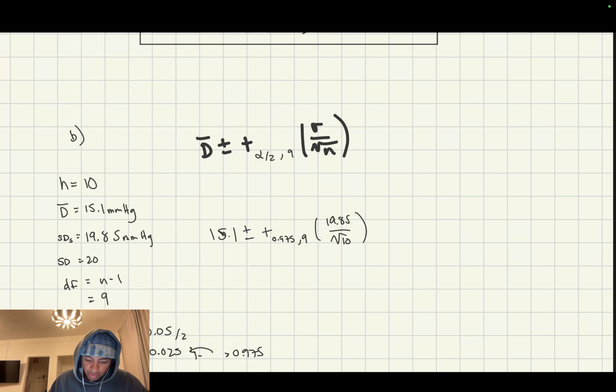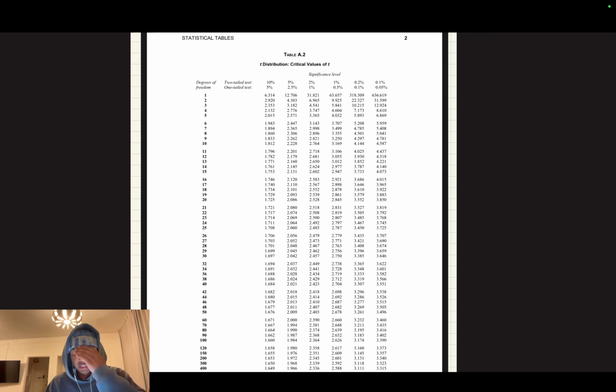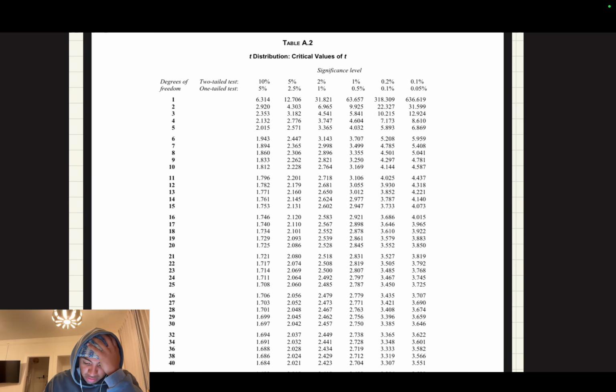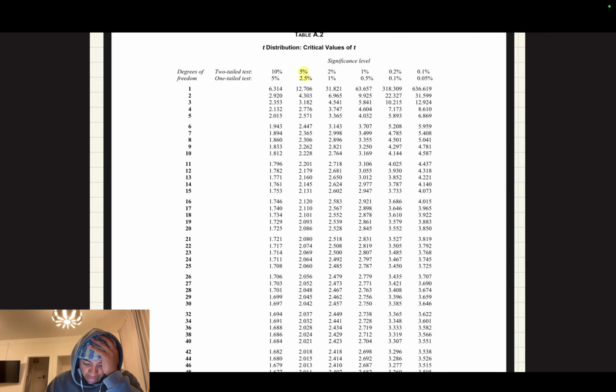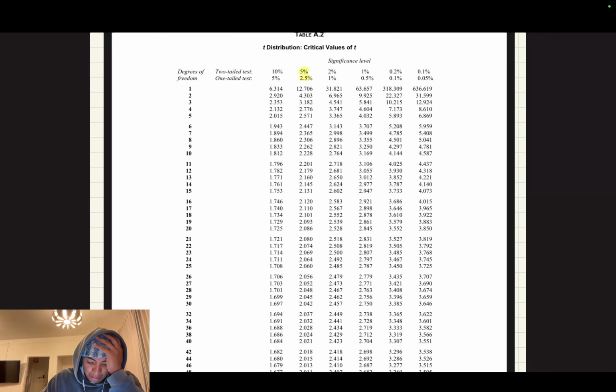The only thing we're missing is the T value. So to prepare, 15.1 plus or minus. Let's head to our T distribution table. For a 95% confidence interval, where we have 5% left over, that's the two-tailed test, or the one-tailed test at 2.5%, but it doesn't matter. We're in this column, and at 9 degrees of freedom, which is here on the left.